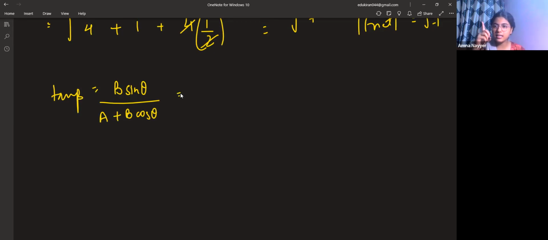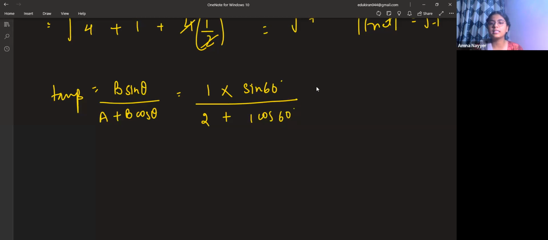Vector B is F2, the force of 1 Newton. So that becomes 1 into sine 60 degrees divided by vector A, which is 2 Newton, plus vector B, which is 1 Newton, into cos 60 degrees. Sine 60 degrees we can write as root 3 by 2, and the denominator becomes 2 plus half.